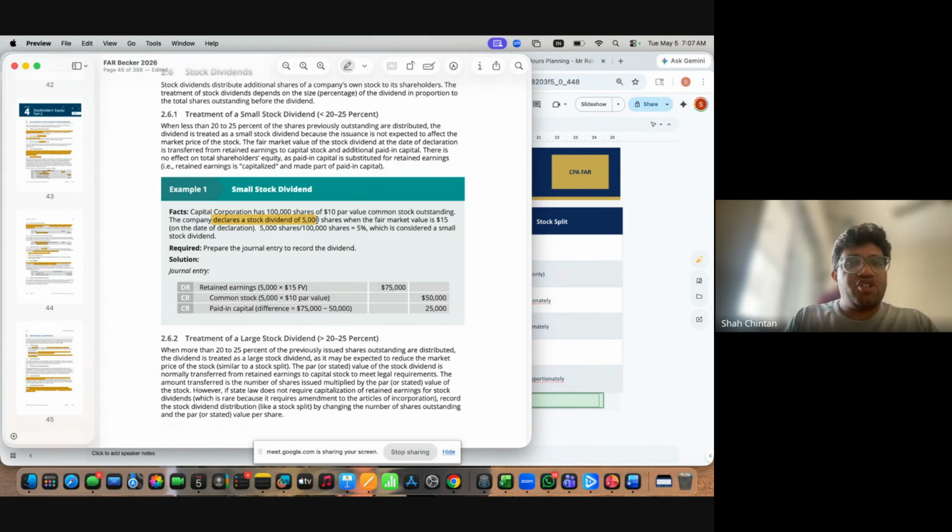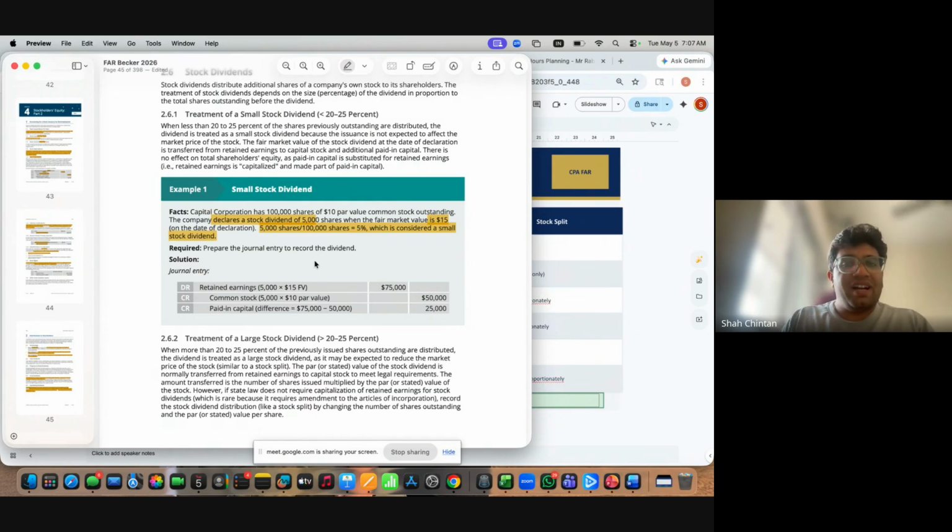So these 5,000 shares are issued as a dividend when a fair market value of the share is $15. So your fair market value for your shares was $15 when you decided to issue 5,000 shares. You are required to prepare an entry to record this.